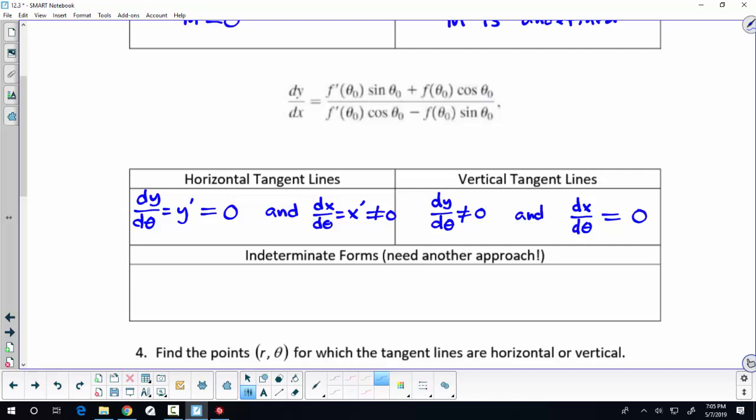And then, of course, the indeterminate form is when both of them are 0, when dy d theta is 0 and dx over d theta is 0. We won't look at those. There is an example in your textbook where it's 0 over 0, and then you've got to use L'Hopital's rule, the limit as theta approaches whatever value causes 0 over 0.